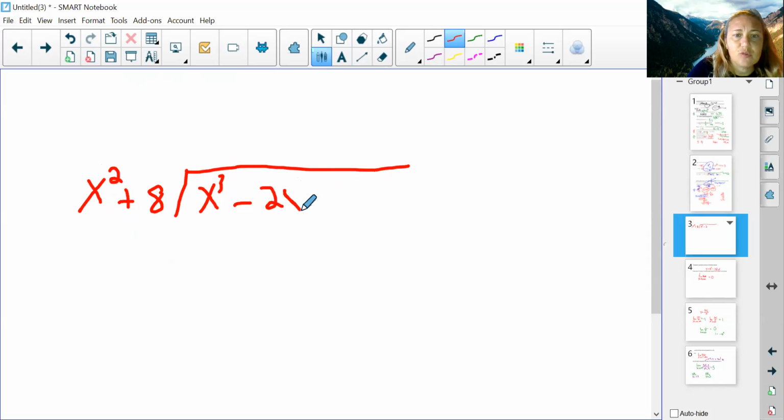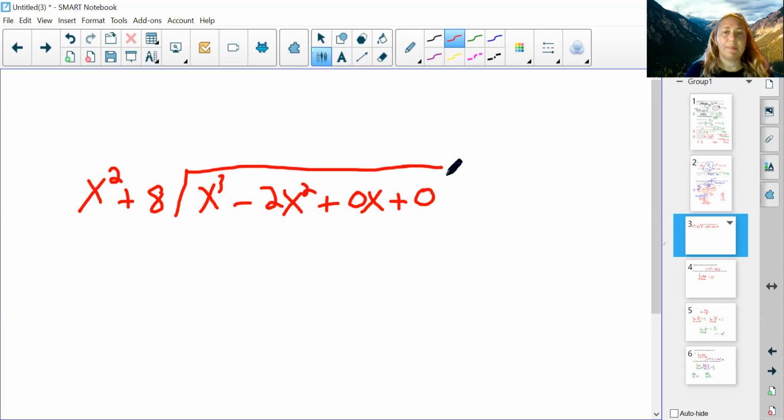Now you have to use placeholders because there's no x term and there's no constant term. So what you would do is you'd put plus 0x plus 0. Placeholders are very important when we do polynomial division.